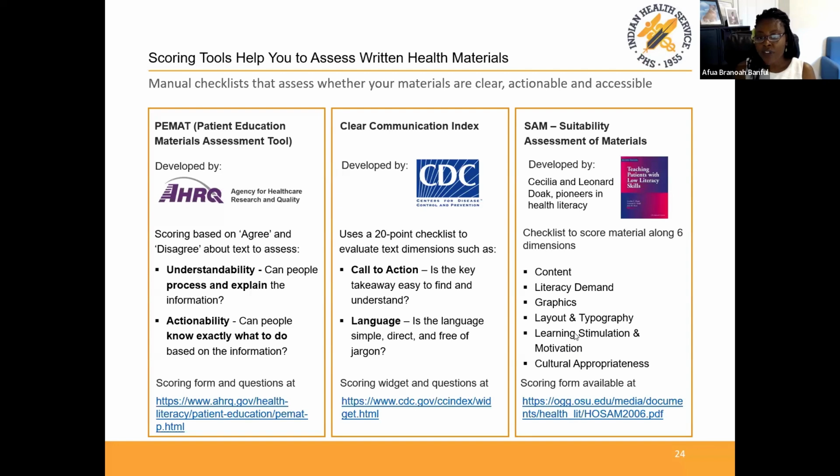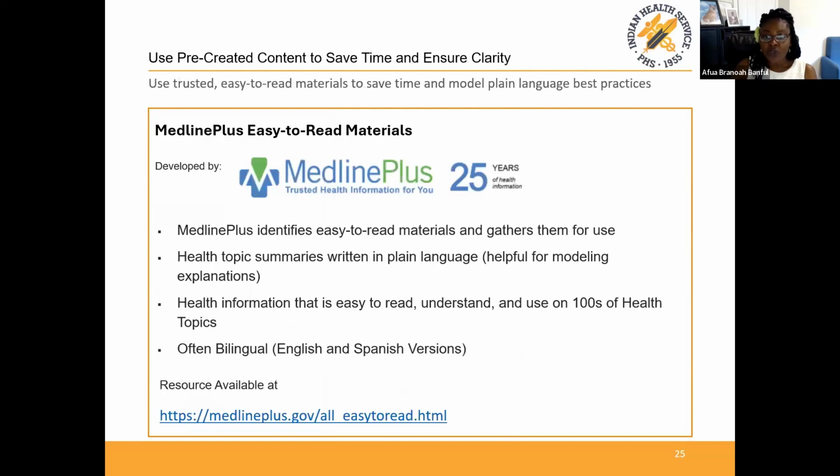So again, if you find that your work calls for reviewing or scoring material you've created, I would pick one of these and just become more familiar with it and just use that one, right? Over and over again. So yes, these are scoring tools in one place. So that was the third out of the 4 categories I showed you.